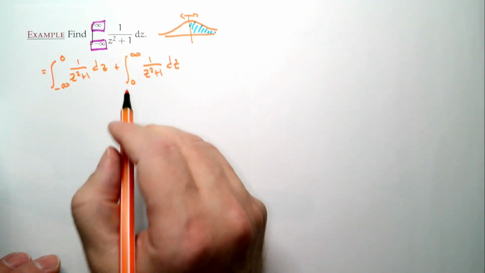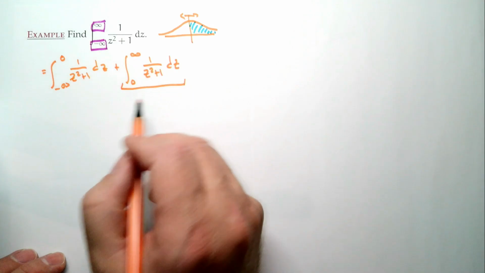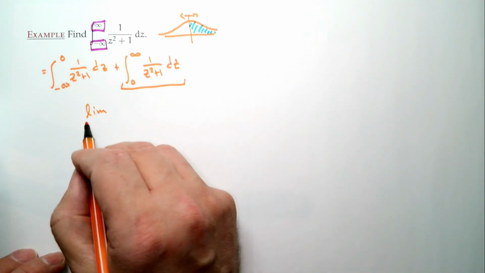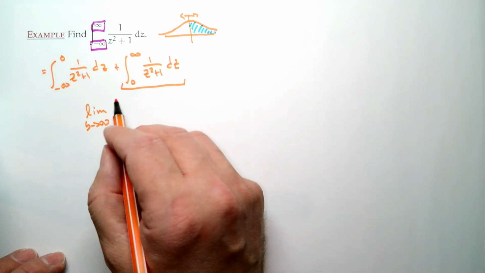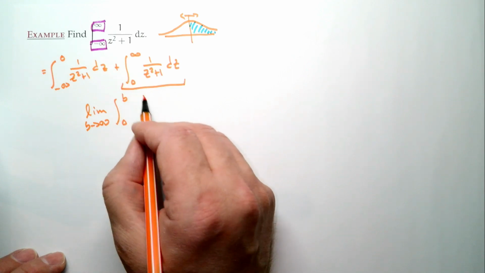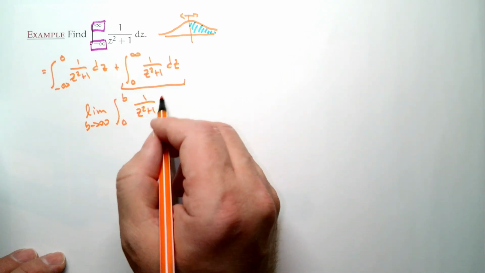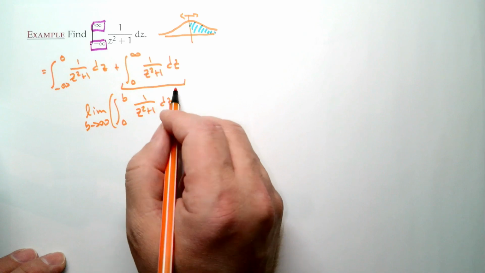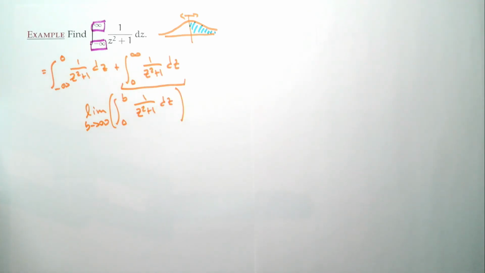So let's focus on this one. Again, limit as b goes to infinity, integral 0 to b, 1 over z squared plus 1 dz. What's the integral of 1 over z squared plus 1? Arctangent. Oh my gosh.